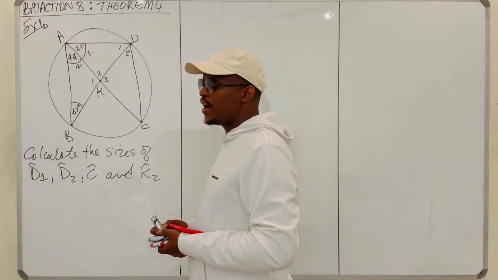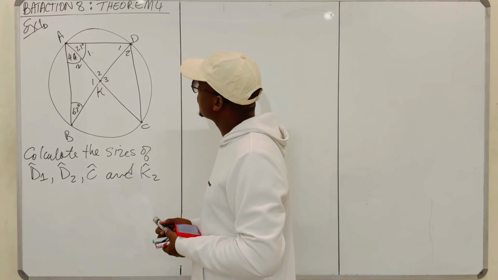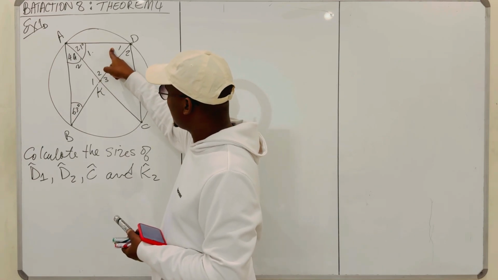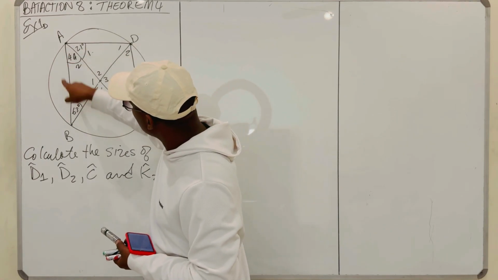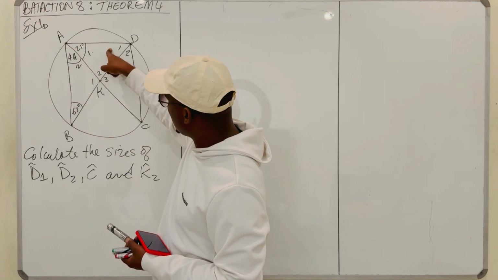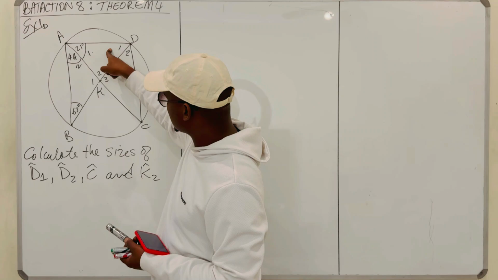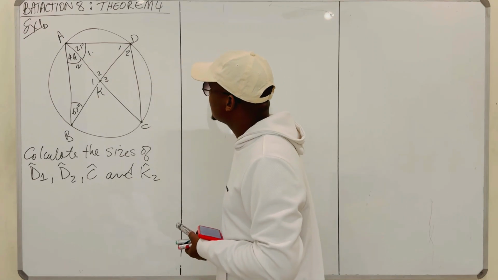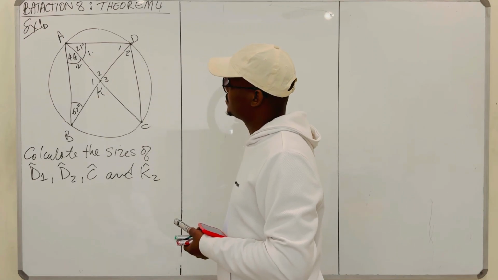So they want us to find D1. Where is D1? D1 is this angle here. Subtended by what? D1 is subtended by AB. Is it the only angle that is subtended by AB?